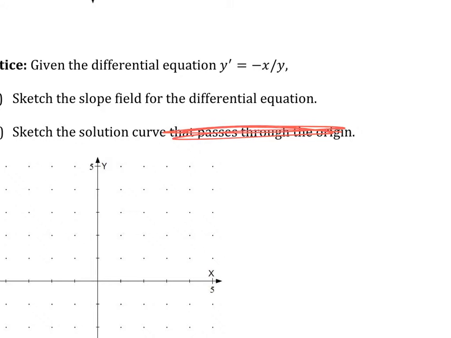Okay, this one, the origin is undefined. Y prime equals negative x over y. So write out your tables and then sketch it out. You can also start from graphing it to see how it should look and then match it with your actual graphing. Okay, but anyways, graph it.